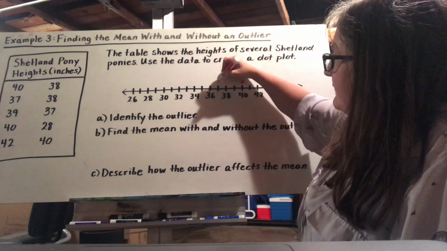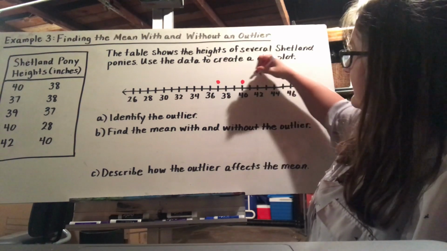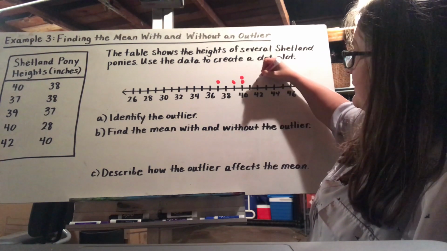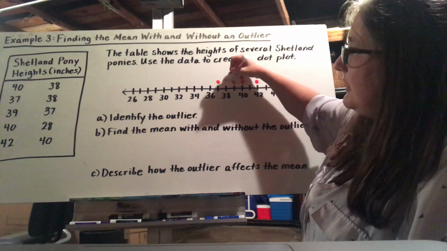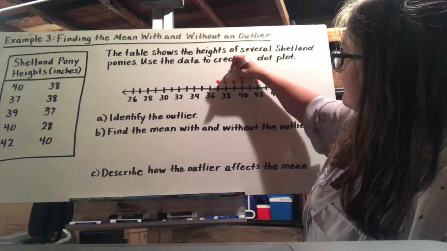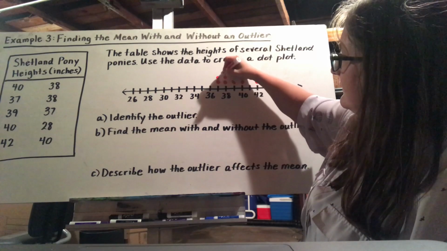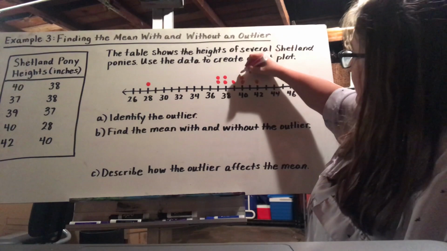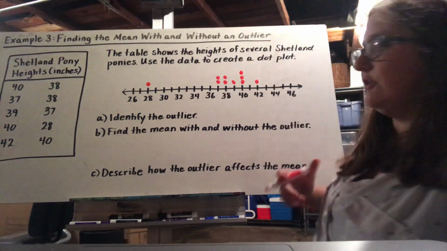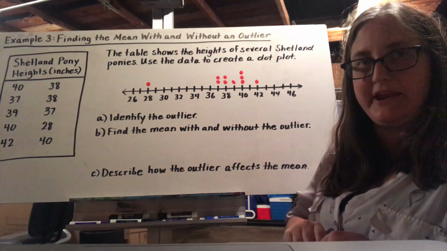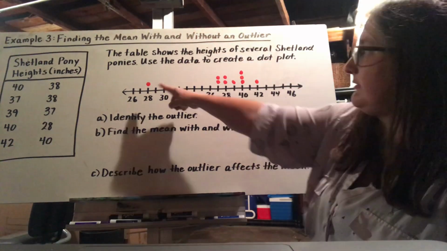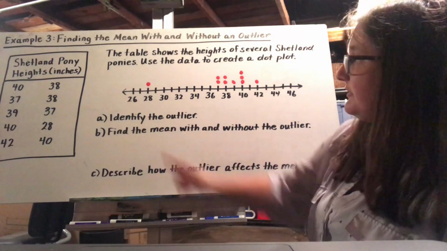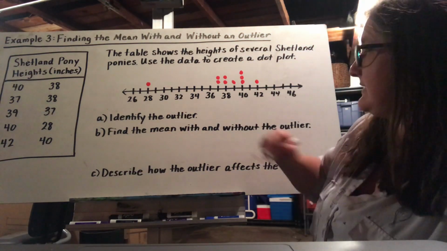One that was 37, a 39, another 40, a 42, two 38s, a 37 again, a 28, and a 40. Now when I look at this data, it's very clear that this data has an outlier. This pony is way shorter than the other Shetland ponies. So this guy's an outlier, 28.